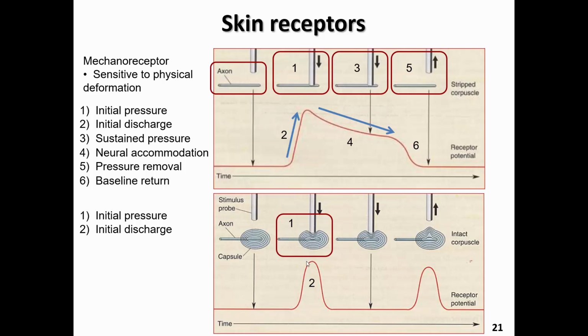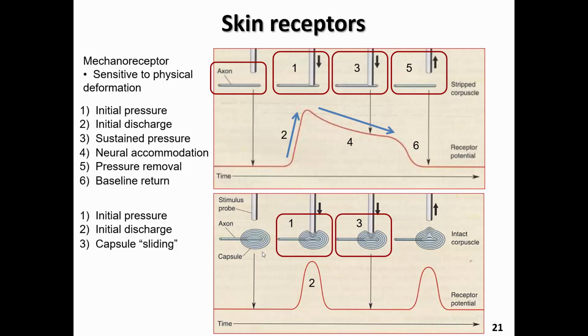So with a disturbance of the axon, we see an increase in the action potentials being propagated back to the central nervous system. But because the probe is not in direct contact with the axon itself, the concentric rings will start to slide past each other because of that viscous film of fluid in between each of those concentric layers.